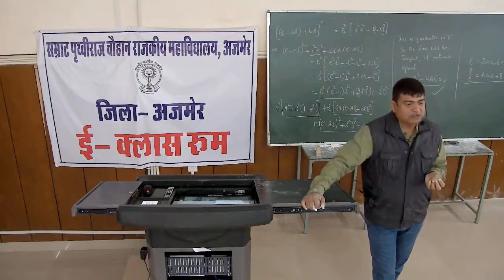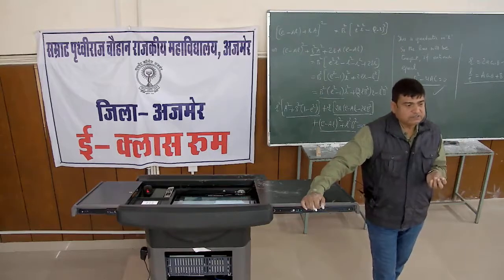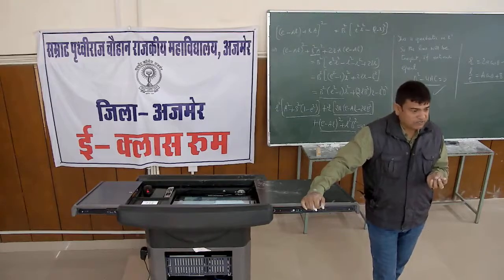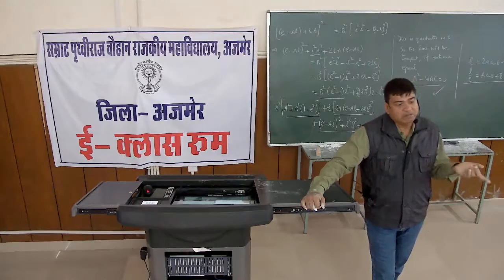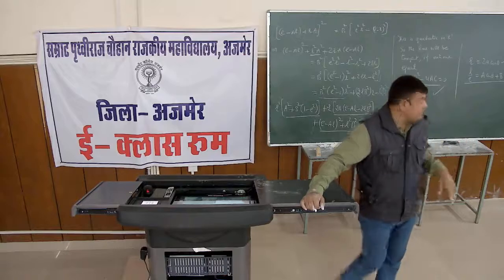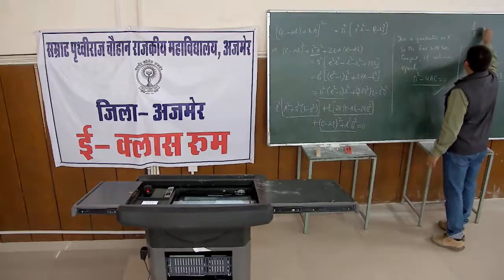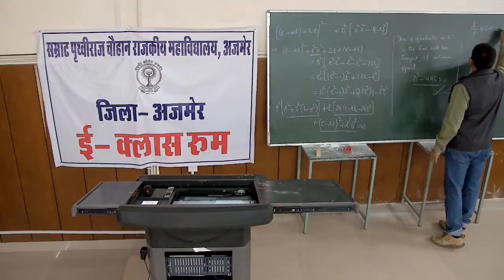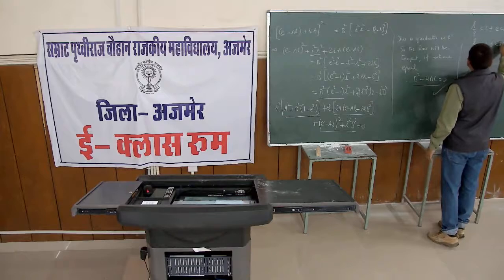Yesterday, you were explained the 4 basic forms of conic. l upon r equals to 1 plus e cos theta. If we consider 1 minus e cos theta, then orientation will be different. It is not only cos theta. We have 4 standard forms. It is 1 plus minus e cos theta, and l upon r equals to 1 plus minus e sin theta.